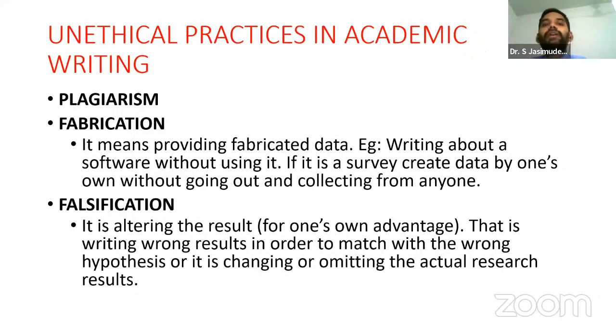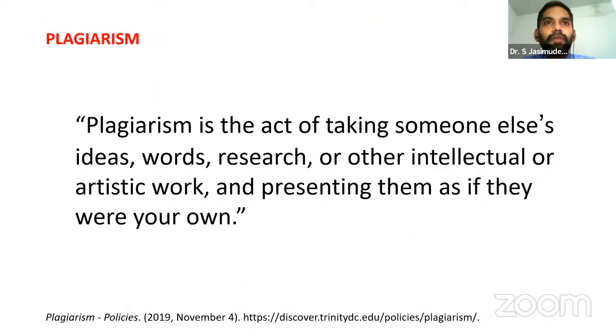Unethical practices in academic writing: plagiarism, fabrication, falsification. They are different classifications, and I am not dealing with fabrication or falsification in this session, just plagiarism. And this is the definition of plagiarism. I know you are all aware of this definition.